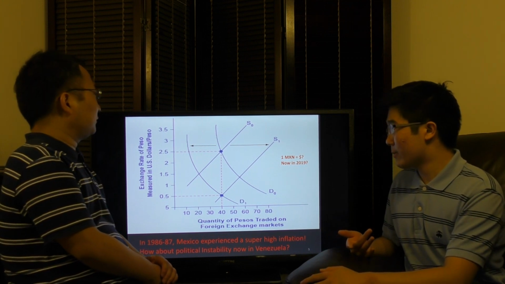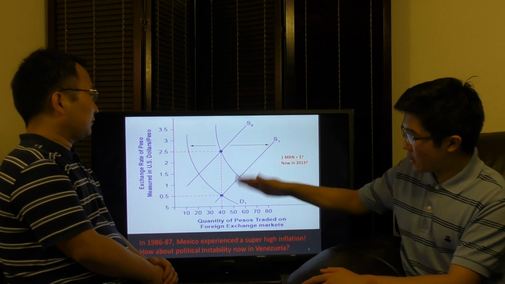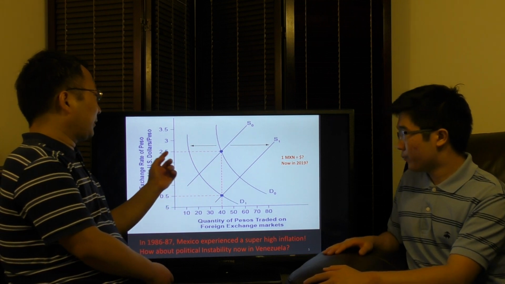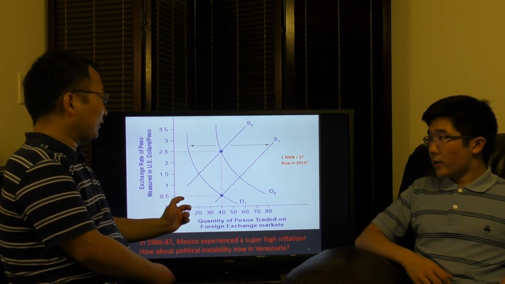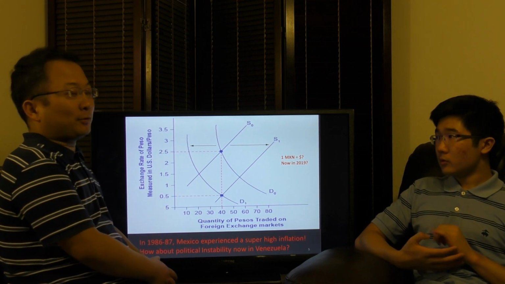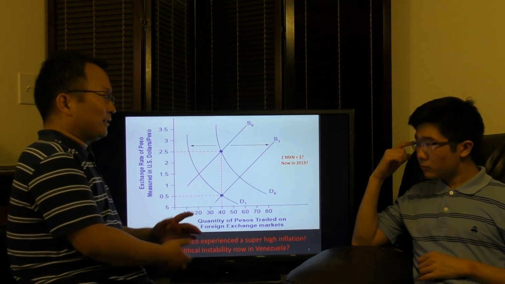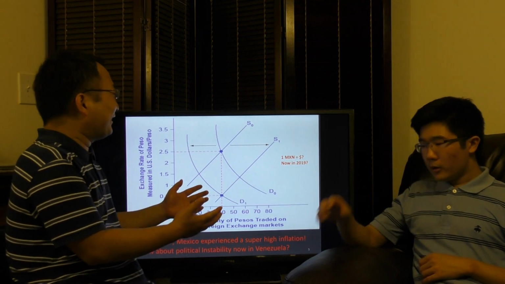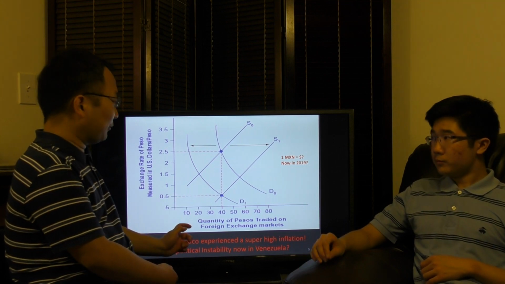So the supply of Mexican pesos increases while the demand decreases, which causes a rapid decrease in the exchange rate of the peso. The peso price decreased from $2.5 to $0.5. Today it's unimaginable, because in 2019 one Mexican peso is only about 5 cents. So you can see it decreased from 2.5 to 0.5 to 0.05.